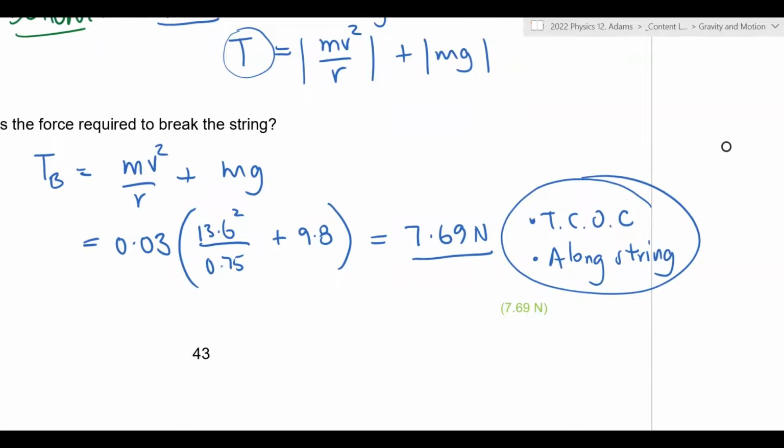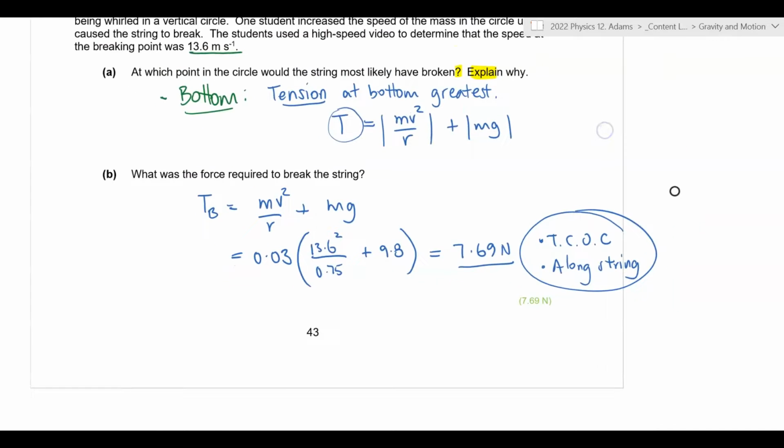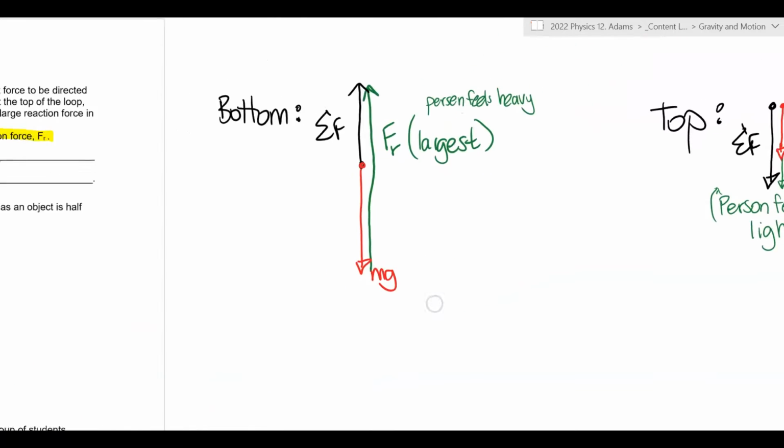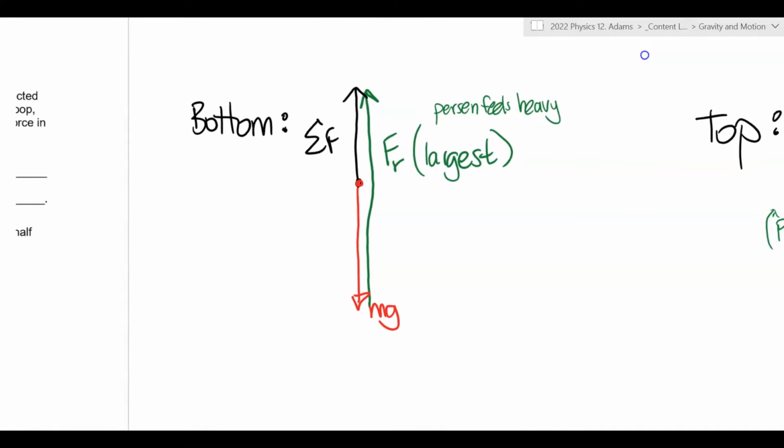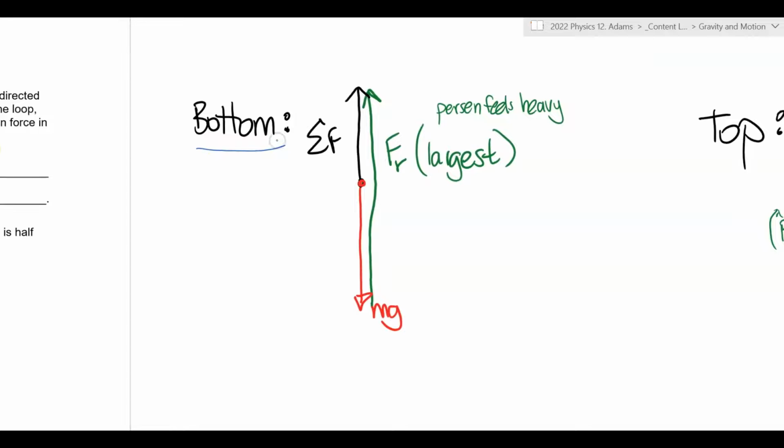Okay? All right. Now's a good time for us to just recap, and I'll try and do this nice and slow. Okay. At the bottom of the circle, at the bottom of the loop, there is only really one scenario possible. The magnitude of these vectors might change, but their direction won't.